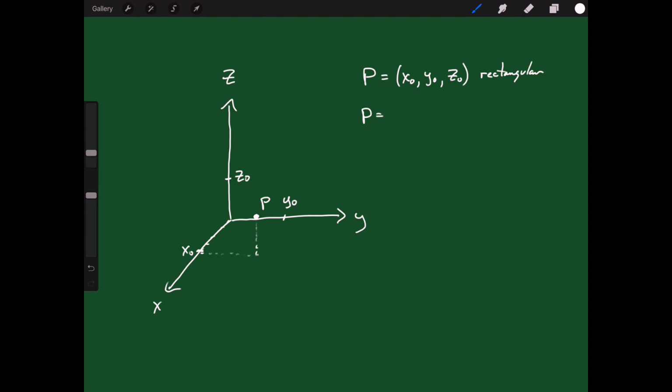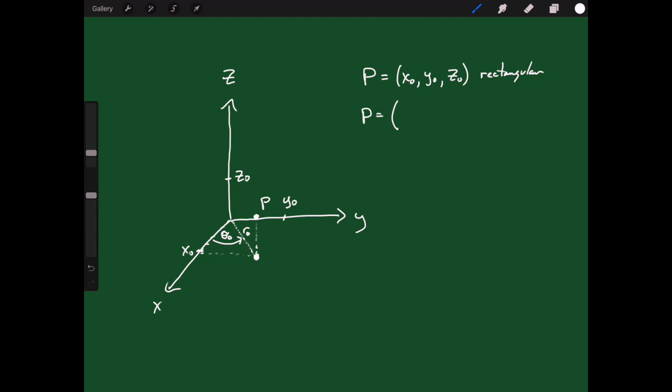Well, remember, in the xy plane, this point down here has a polar representation. And so I could think of it as I go out some distance r sub 0 through some angle from the x-axis, theta sub 0. So the first thing I'm going to do is say, in the xy plane, how do I get under that point P?